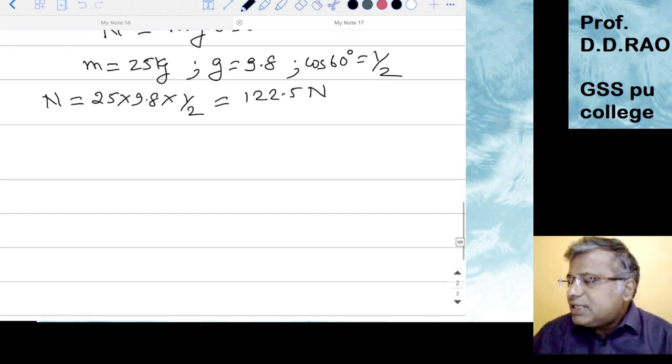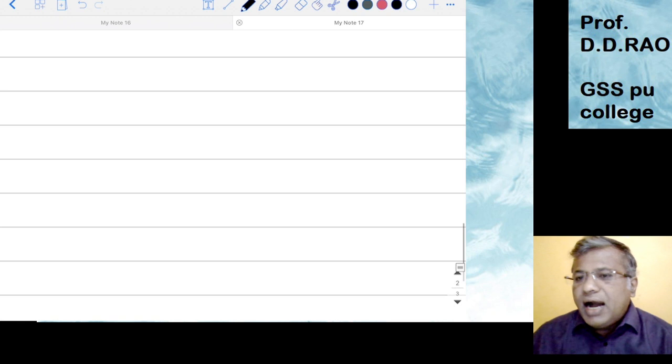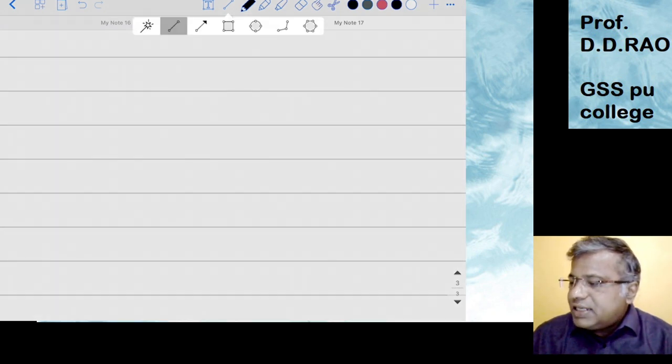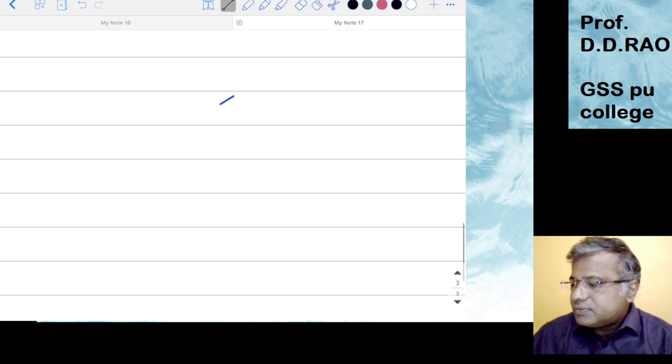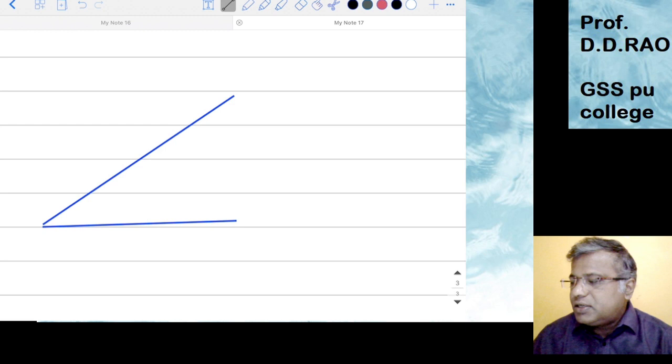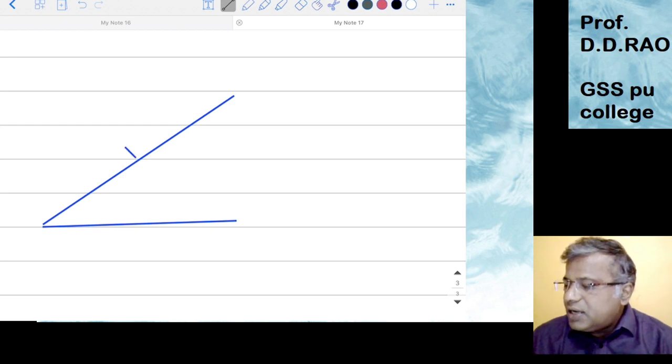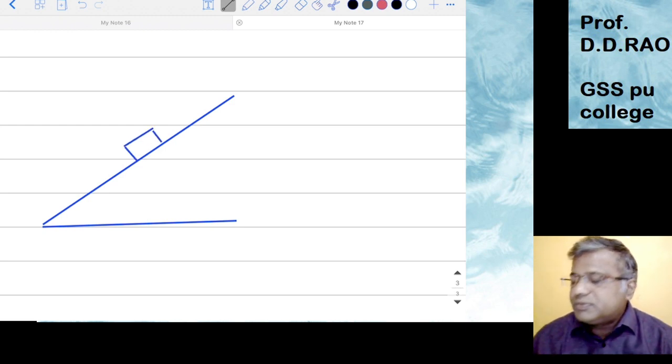Let us say I ask you this question: you have an object on an inclined plane. So this is the object in an inclined plane, and then the question is to calculate the normal reaction. We have to calculate this normal reaction over here.